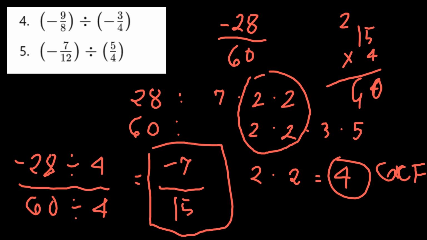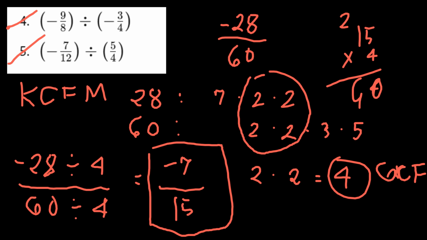So we're done with number 4 and number 5. We finished multiplying and dividing positive and negative fractions. Whenever we are dividing positive and negative fractions, always remember KCFM.